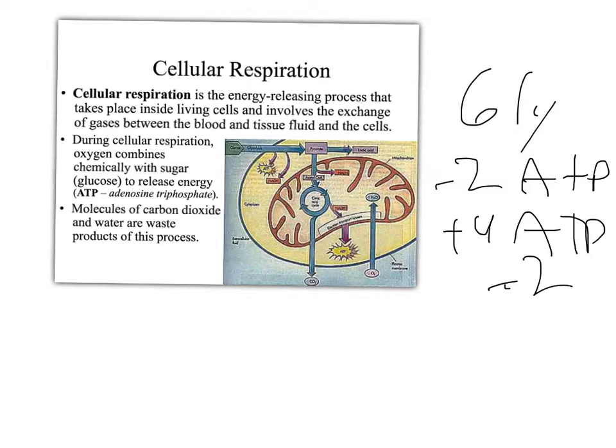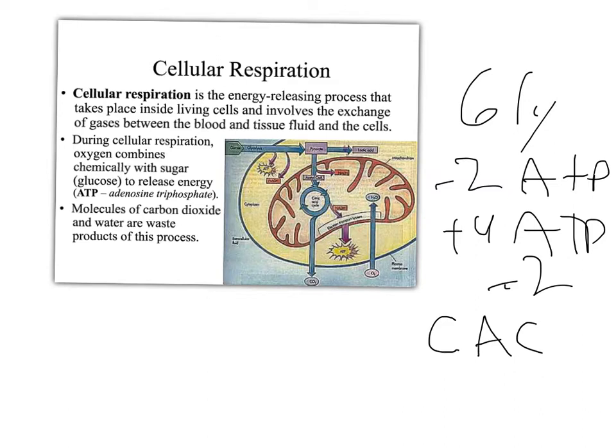Then we have the oxidation of pyruvic acid. Nothing really happens there. It just prepares to enter the mitochondria, where the citric acid cycle occurs. And in there, that's where we're going to give off our CO2. Some electron carriers are produced as well, some NADHs.